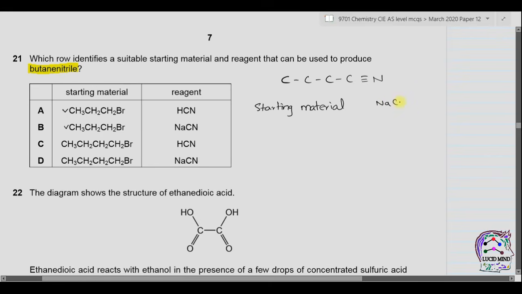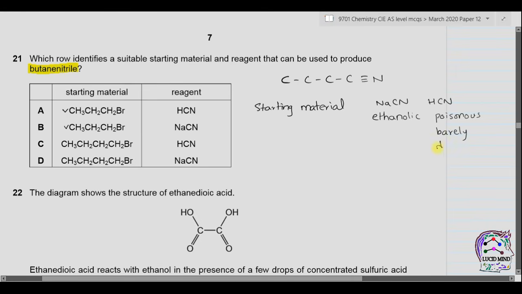So why do we take NaCN and why shouldn't we take HCN? Actually, for this reaction, ethanolic NaCN is used. HCN is not used because HCN is poisonous, and also its dissociation power is very low.